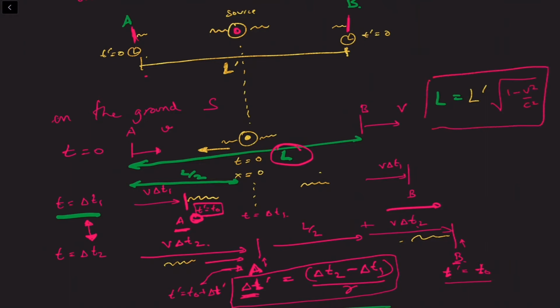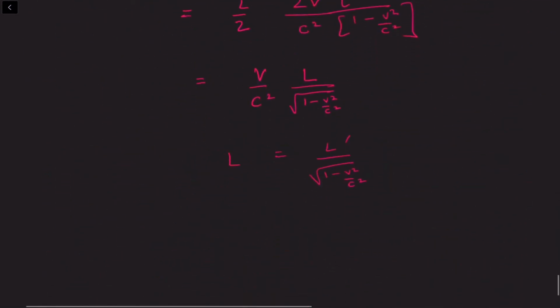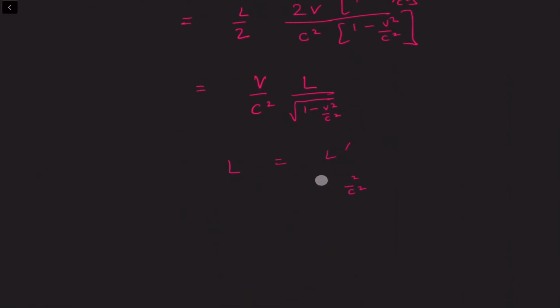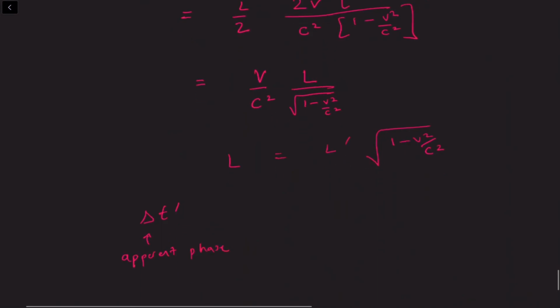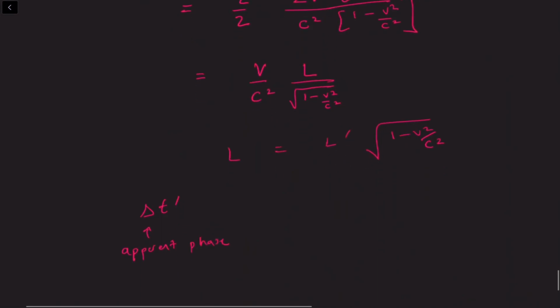That is, it's length contracted relative to L prime. So if we plug this in over here, we have L is L prime into the square root of 1 minus v square by c square. And therefore, the apparent phase delay between the clocks A and B would just be v over c square times L prime.